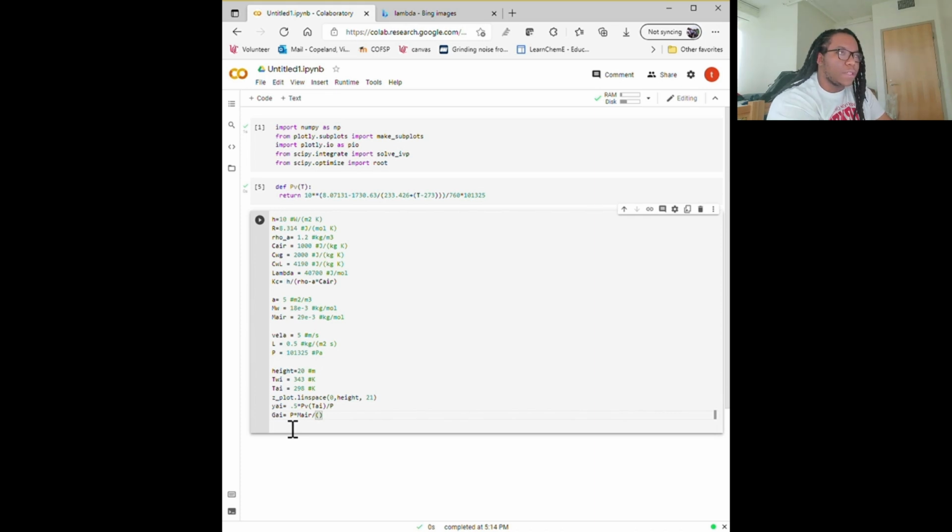So here that's going to be R times our temperature of air in, and that's going to be multiplied by our velocity.